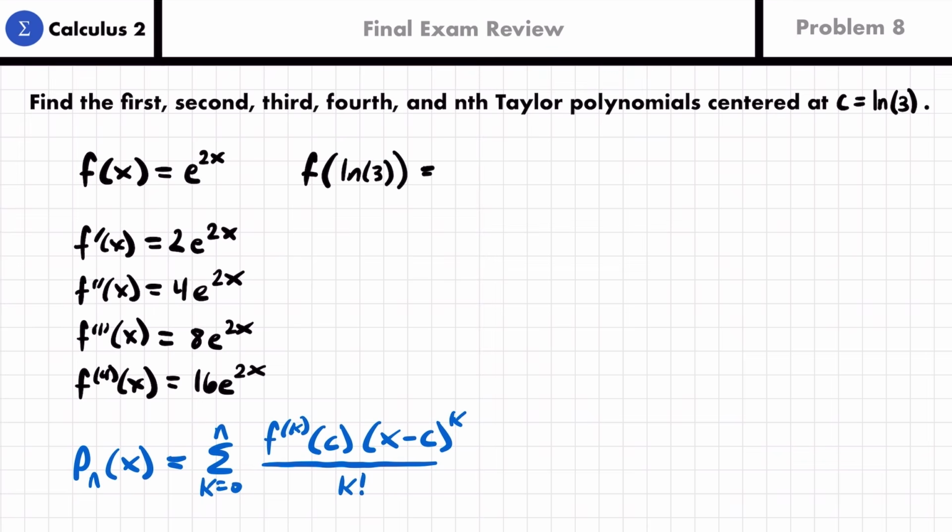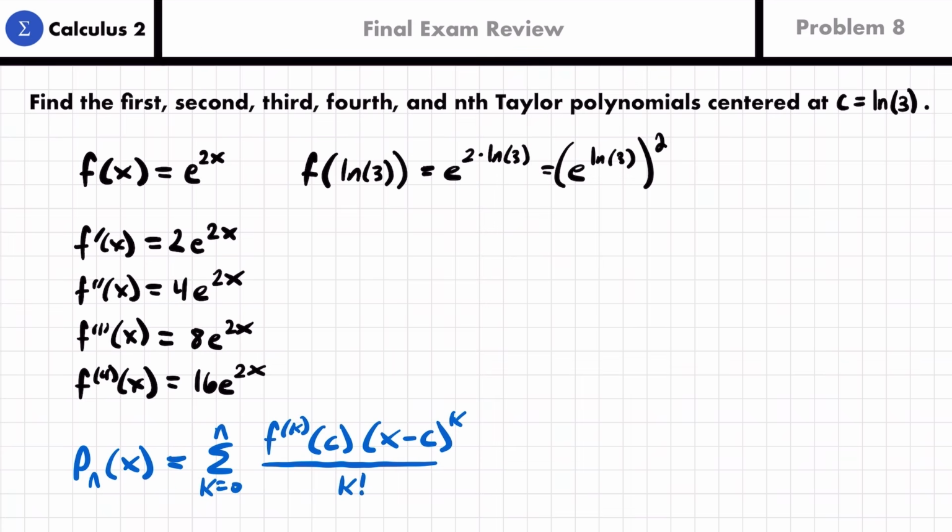So doing that, we get e to the power of 2 times x, which is now the natural log of 3. All right, now we can simplify this nicely because e and the natural log function are inverse functions. They cancel each other out. But before you can make use of that, you need to get rid of that coefficient of 2 from the natural log function. So an easy way around that is to just rewrite the expression like this. You can rewrite it as e to the power of the natural log of 3, and then take that to the power of 2.